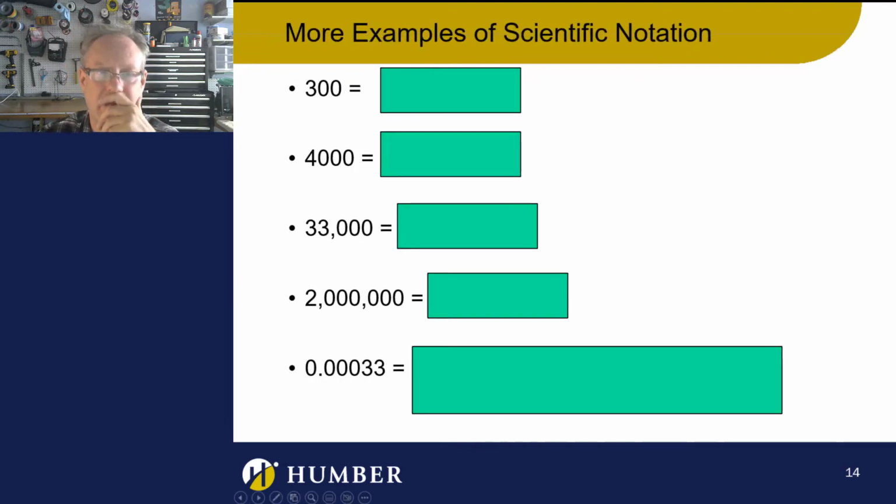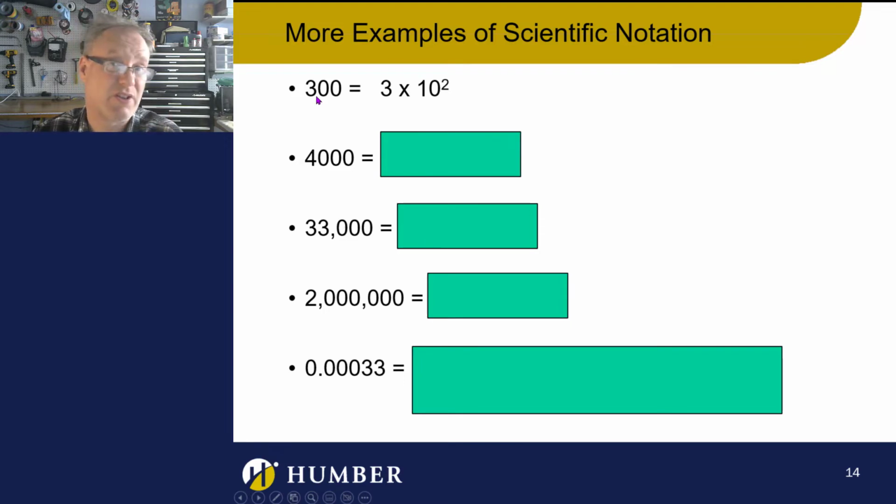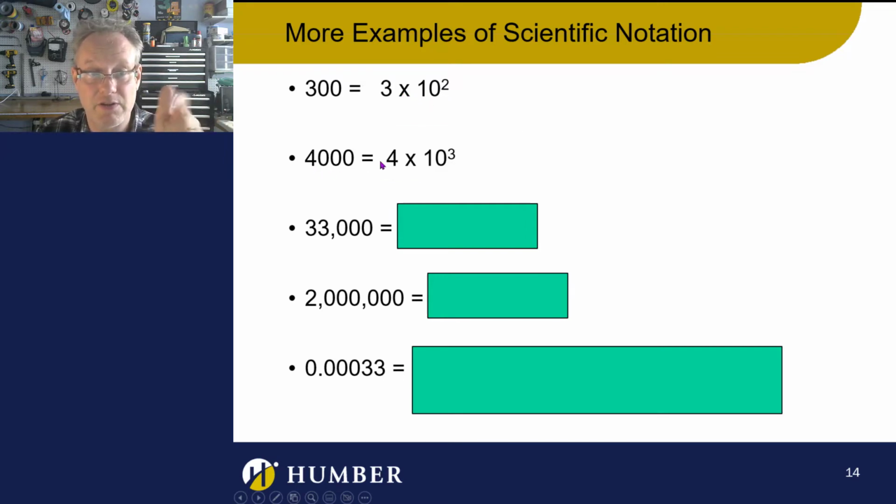Okay, so some examples here. So 300, what am I going to do there? I have to put the decimal there. So it's 3.0, or just 3. And then I need to shift the decimal. If I'm putting the decimal there, I have to multiply it by 2 zeros, or 100, to make it go this way. So I'm going to do times 10 to the 2. Over here, I'm putting the decimal there. I'm adding 3 zeros, times 10 to the 3.